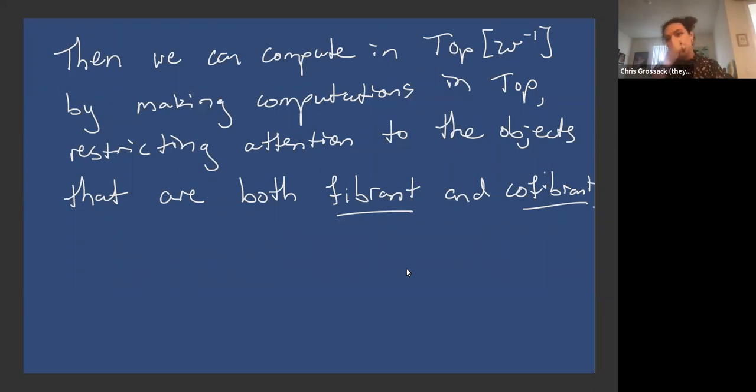I see there's a question, I'll get to it in a second. So every object is weakly equivalent to one which is bifibrant, or fibrant and cofibrant. And since now weak equivalences become isomorphisms, that's telling me every object is actually isomorphic to one which is super nice. And so by restricting attention to objects which are nice, we can actually do computations in this homotopy category. Oh, yes, perfect. Thank you for linking the reference paper.